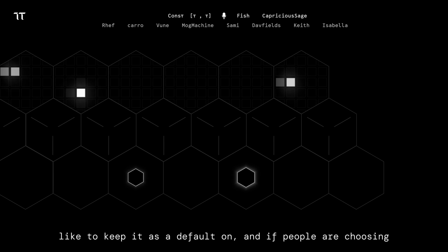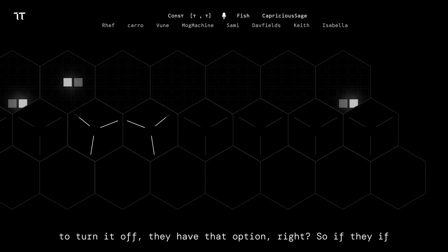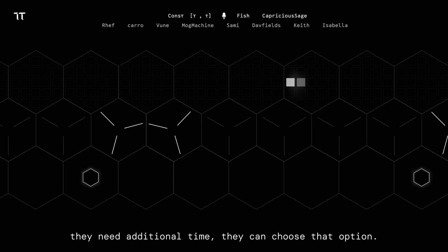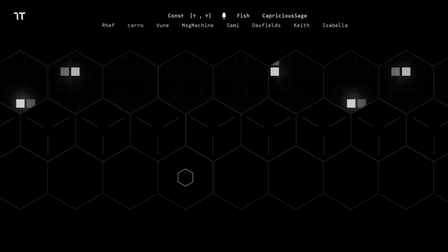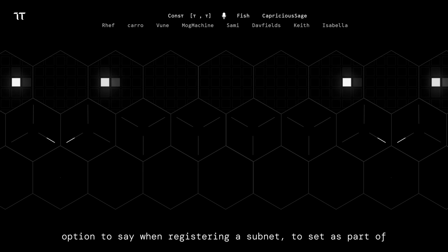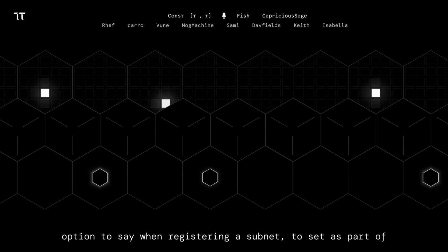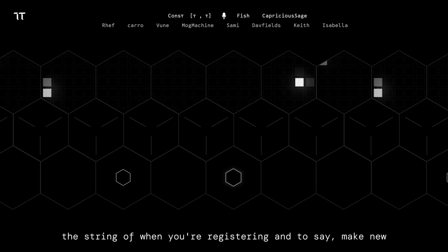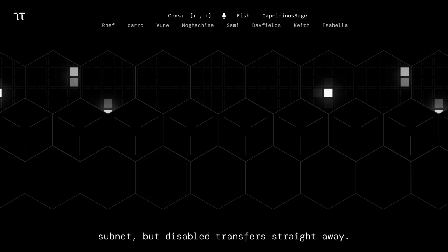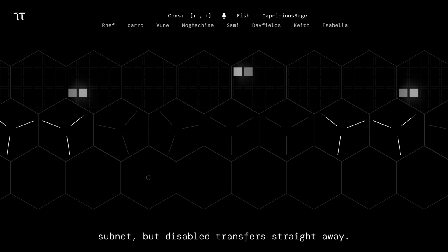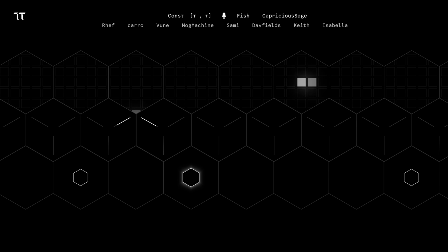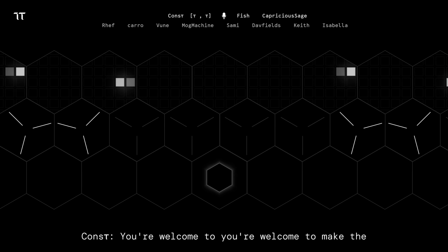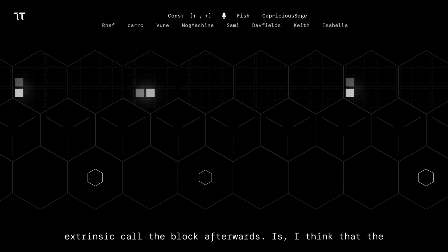And if people are choosing to turn it off, they have that option, right? So if they need additional time, they can choose that option. Fair enough. Will there be an option when registering a subnet to set as part of the string, make new subnet but disabled transfers straight away? Well, you're welcome to. You're welcome to make the extrinsic call the block afterwards.